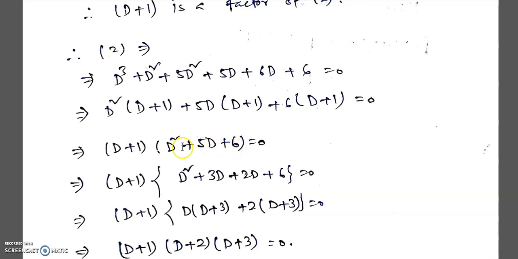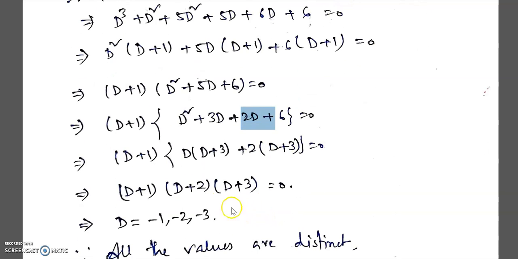Here both signs are plus, so the middle term can be found by adding: 3 times 2 is 6, and 3 plus 2 is 5. So D^2 plus 3D plus 2D plus 6 equal to 0. If you take D common from the first two, you get D(D plus 3). If you take 2 common from the rest, you get 2(D plus 3). So ultimately you get (D plus 2)(D plus 3) equal to 0. So what are the solutions?